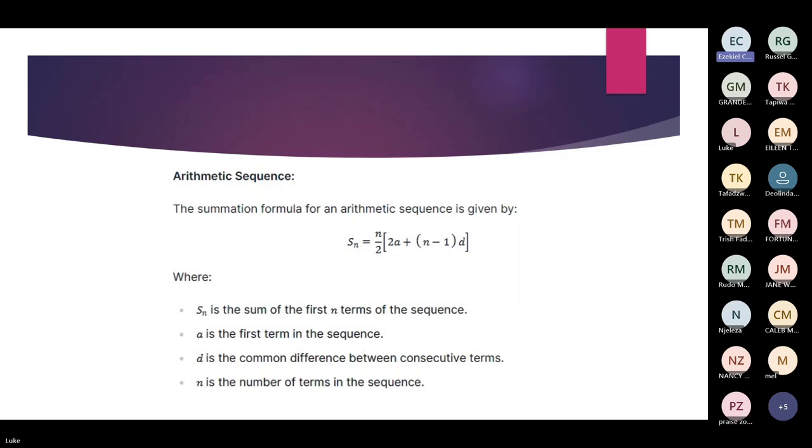From this formula, n is the number of terms, a is the first term, and d is the common difference. So what you need is to plug in your values. Sometimes you might not be given some of the values, so you need to find them first, then plug them in and work out the result. By doing so, you'll be finding the sum to n.